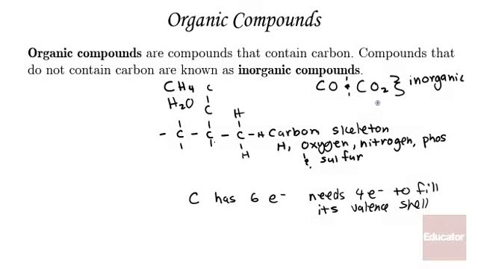So remember, with CO2, carbon forms 2 double bonds, one with one oxygen atom, and then another double bond with the second oxygen. That again gives a total of 4 shared electron pairs, and it'll fill the valence shell of carbon. So this ability to share so many electron pairs gives carbon a lot of versatility and allows, from just a few different elements, a huge range of molecules that can be produced, and these molecules are the basis of life.